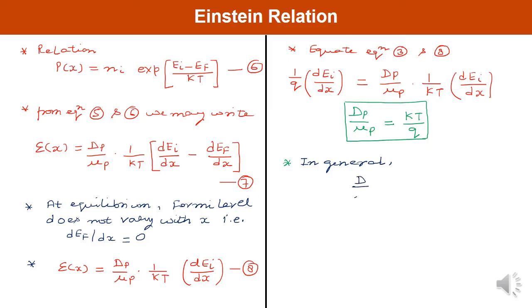D upon mu is equal to kT upon q, and this equation is valid for either carrier type, and this particular equation is known as the Einstein relation.